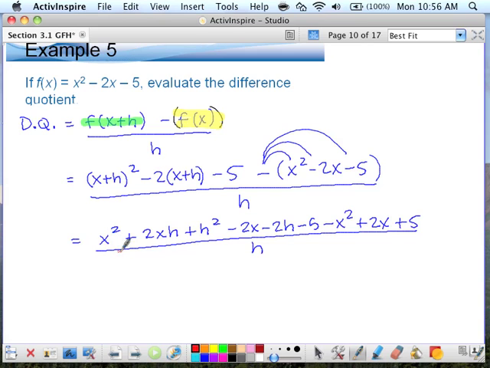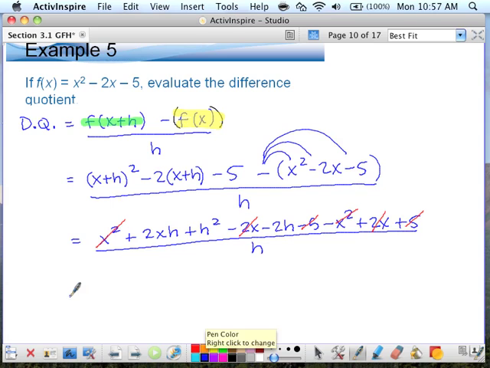I have a positive x squared here and a negative x squared, so those cancel. These have an h, this one doesn't. Negative 2x cancels with positive 2x. Anything that doesn't have an h should cancel in this step. After you've distributed, you should combine your like terms, and anything without an h should cancel. If it doesn't, you've done something wrong. Finally, this negative 5 and positive 5 cancel. Everything left should have an h in it.